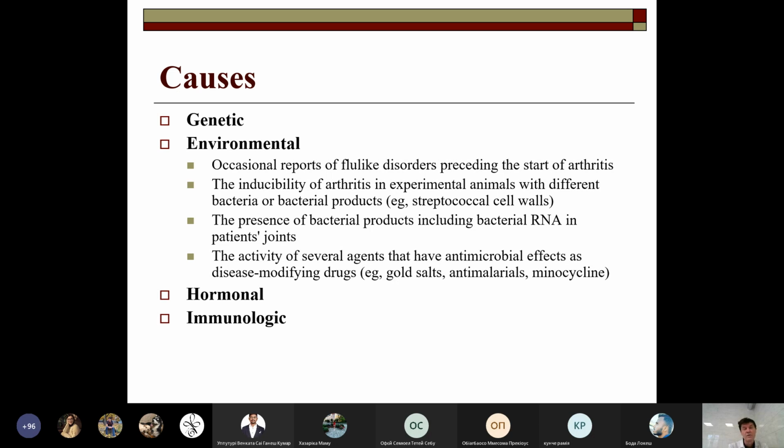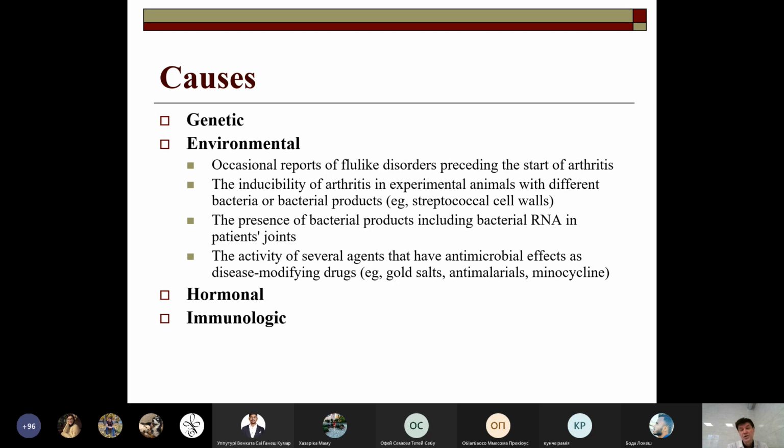And finally, the immunologic conflict, the conflict between Th1 and Th2 dependent processes, is considered to play a pivotal role in the pathogenesis of rheumatoid arthritis.